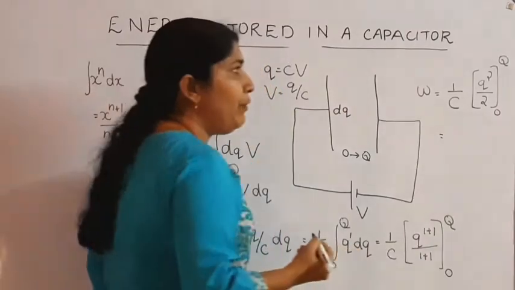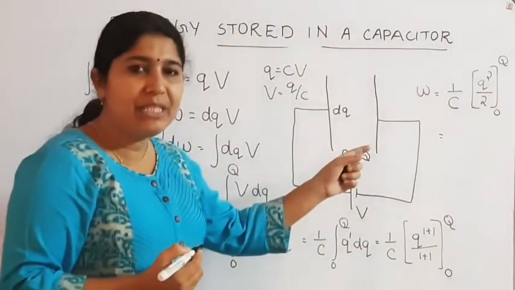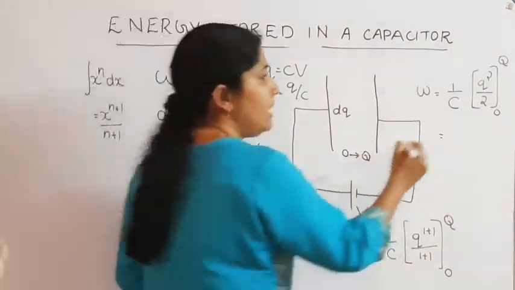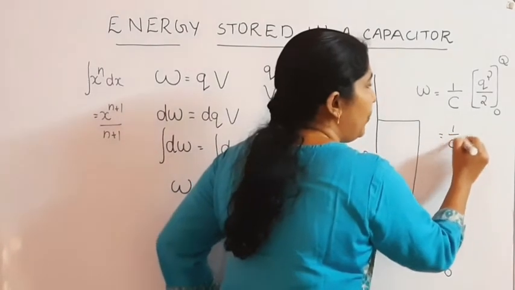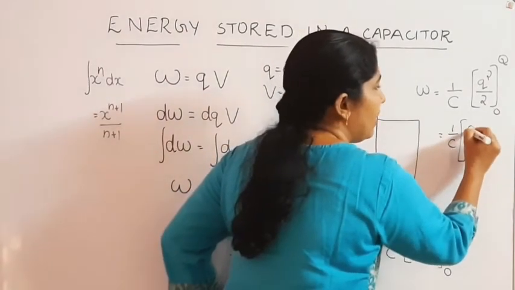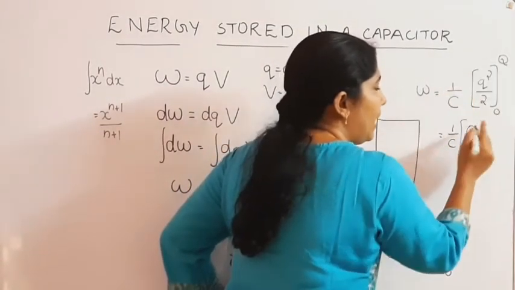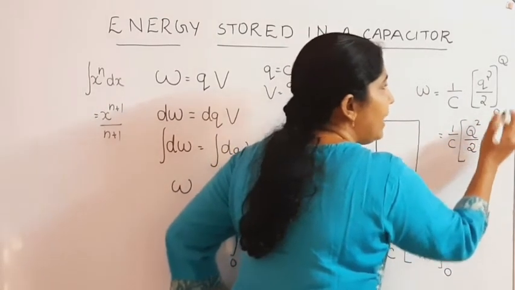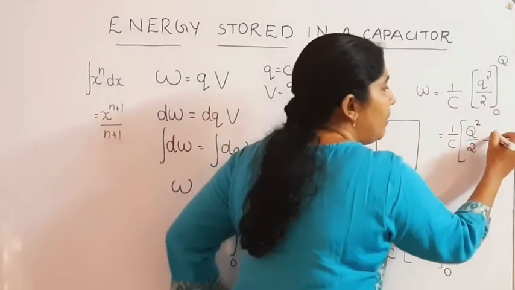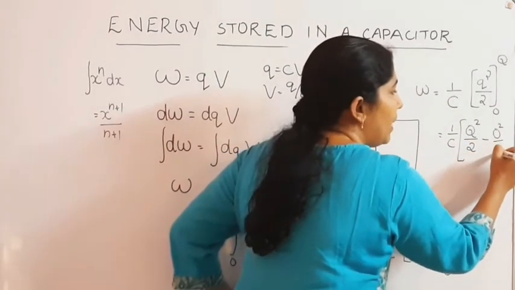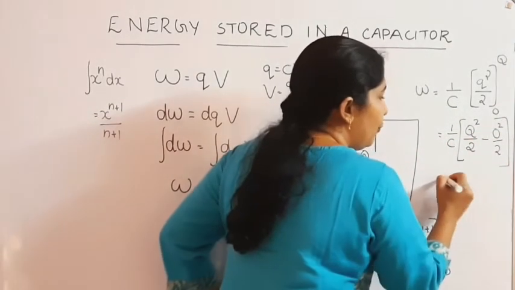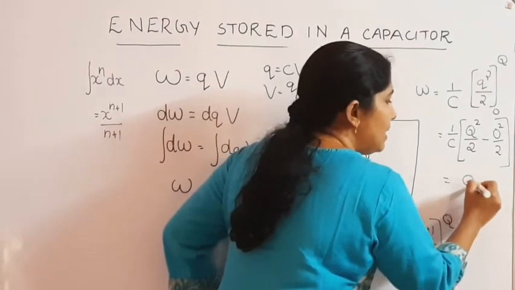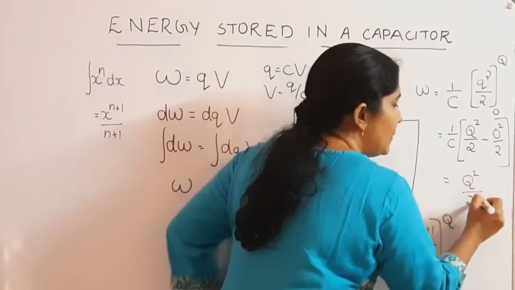Now we apply the upper limit first, then the lower limit. For this, 1 by C into capital Q square. Instead of small q, we apply capital Q, that is capital Q square divided by 2, minus the lower limit, that is 0 square divided by 2. Therefore the final result is capital Q square divided by 2C.